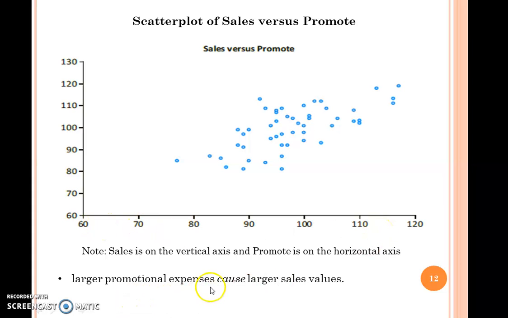Large promotional expenses cause a large value. If the promotion is 120, the point will come at almost 120, or more than 110. So if you give more promotion, you get more sales.